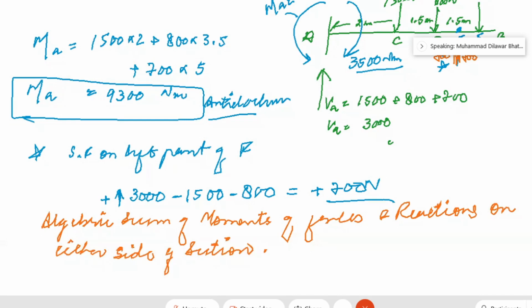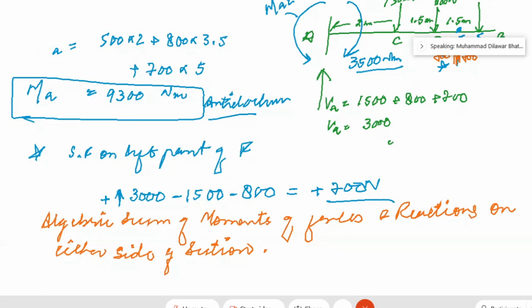We add the moment of forces and reactions when calculating the bending moment. What are the forces, what will be the moment of those forces, and what is the reaction? We calculate the bending moment on either side of the point, and it will be the same: on one side it will be a clockwise moment of whatever magnitude, and on the other side an anti-clockwise moment of the same magnitude, right?